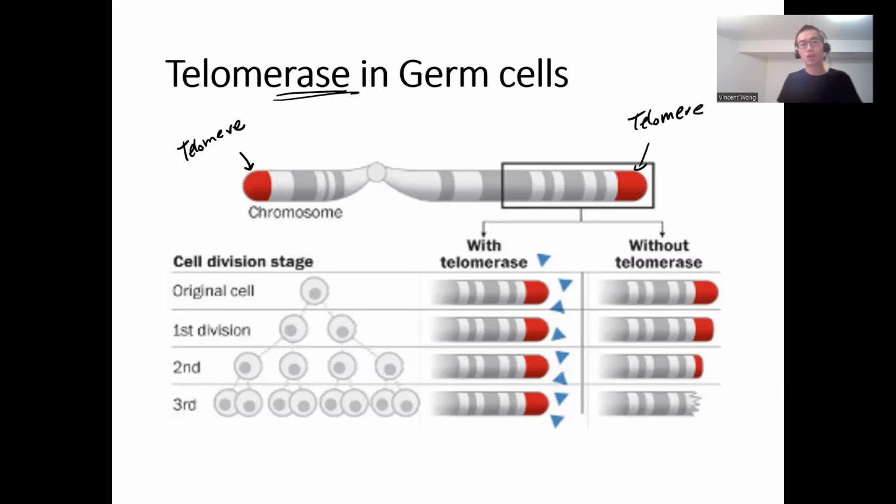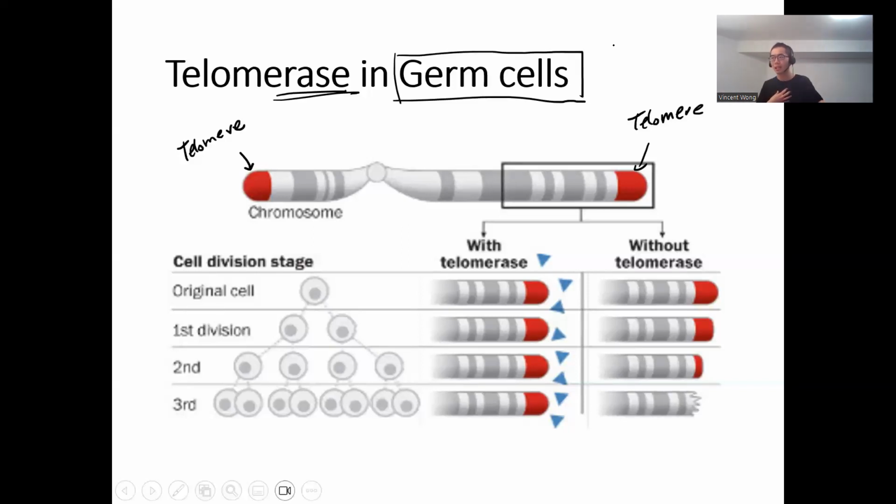However, in germ cells, does anybody know what germ cells are in the body? People hear the word germ and think of bacteria and stuff like that. But what's a germ cell in the body? Anybody know what that is? Please let me know.